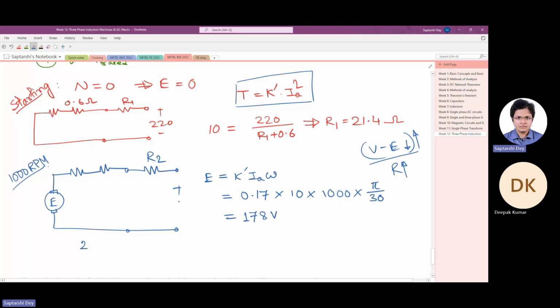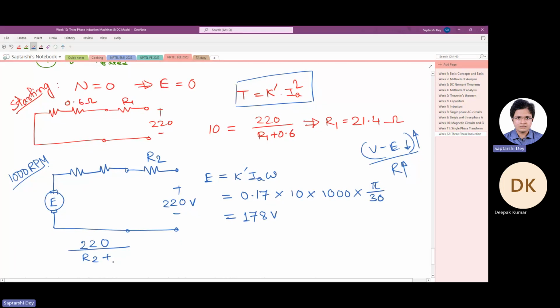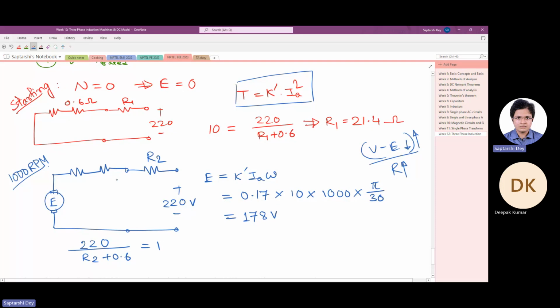Anyway, so this is 220 volt, 220 volt by R2 plus 0.6 will give you again the rated current. Since we are trying to get rated torque, the current is rated current here also.